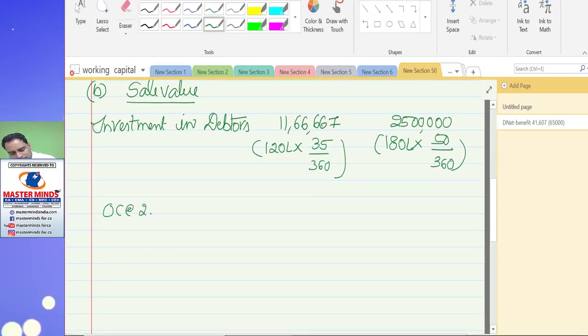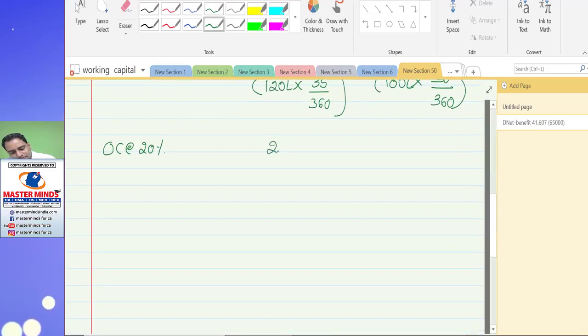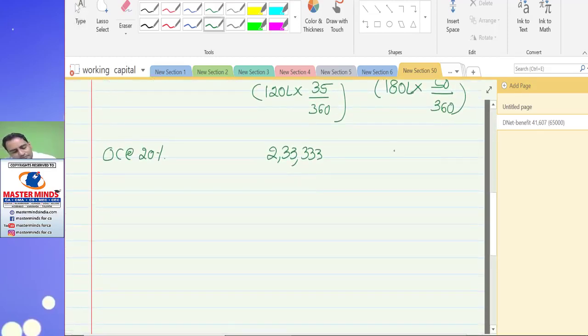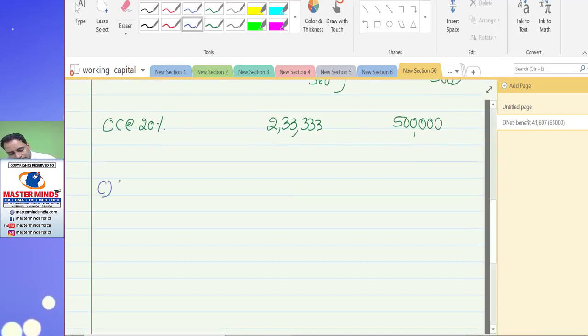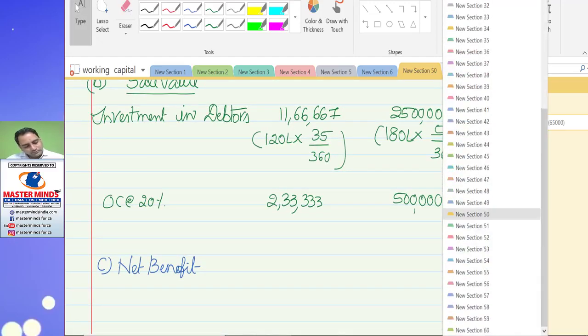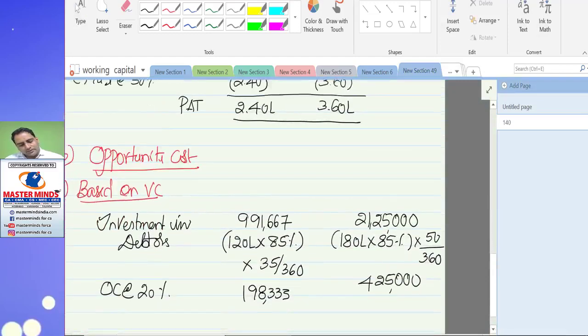So opportunity cost at the rate 20%. Net benefit: 2,40,000 and 3,60,000.